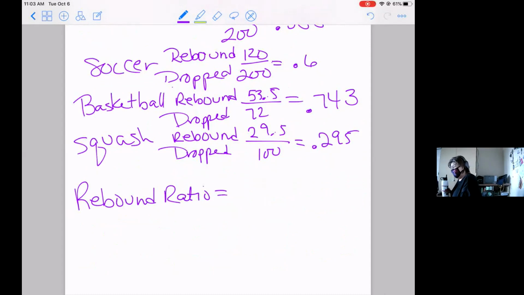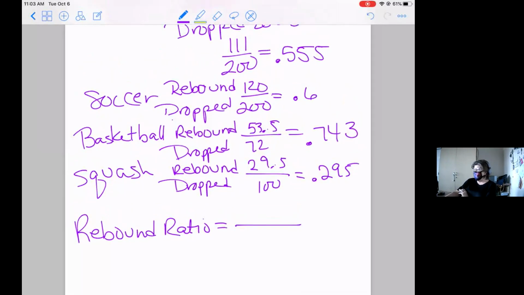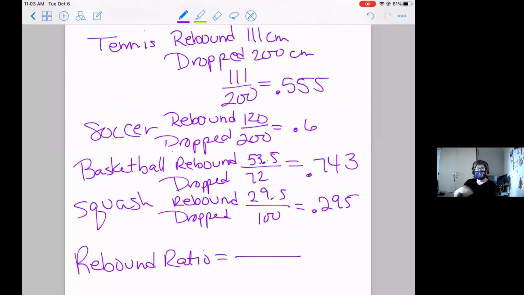We divided all these, so we know we're going to divide. What goes on top? Look at all the examples. What went on top?